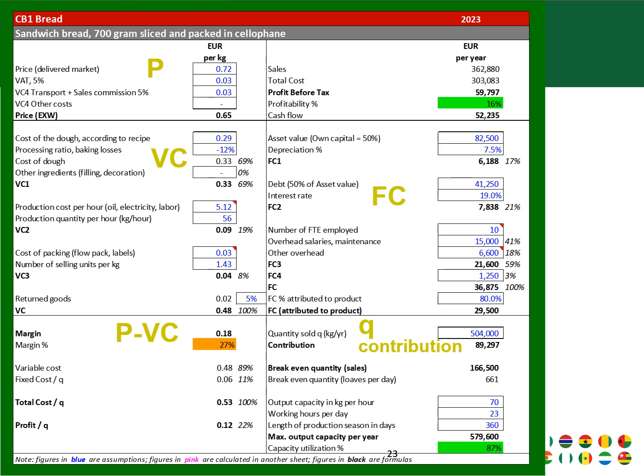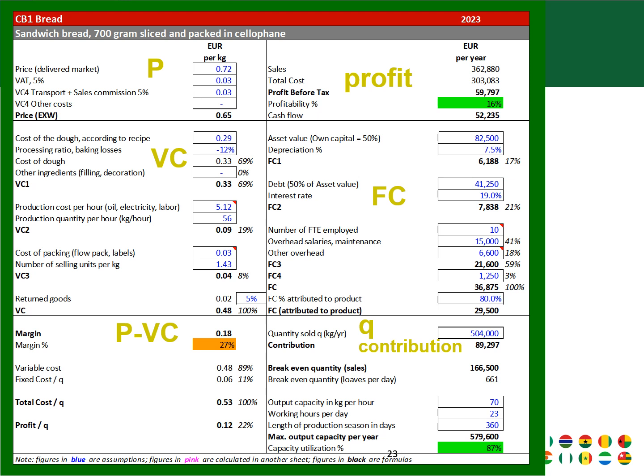FC is calculated in box 5. Profit is contribution minus fixed costs. You can see that in box 6. And here we also calculate the profit in the way the bookkeeper would do it.